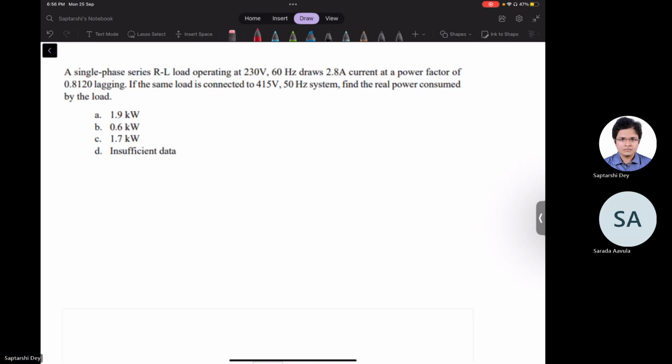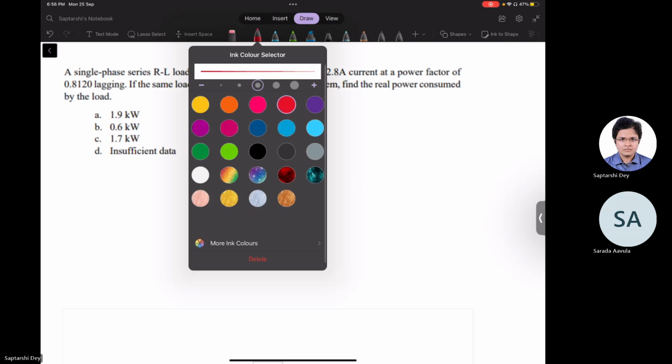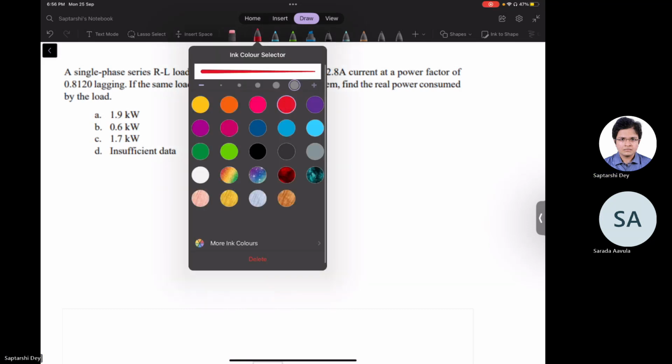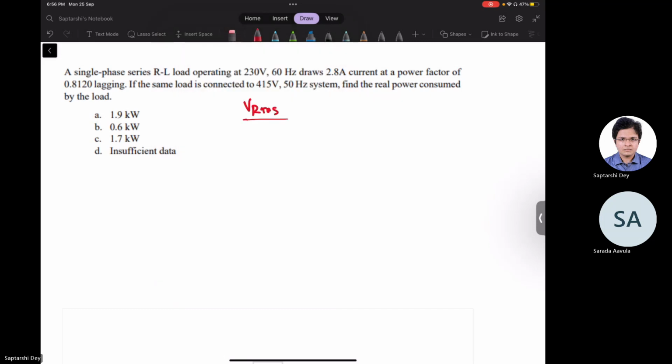So what we have is V RMS by I RMS. Nothing is mentioned, so this is definitely RMS.